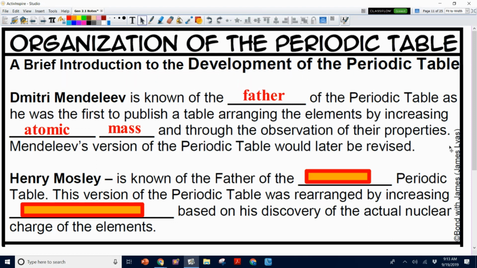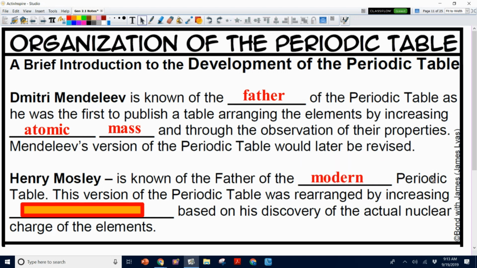Okay. And through the observation of their properties, Mendeleev's version of the periodic table would later be revised. And it's revised by a British gentleman named Henry Moseley. So Henry Moseley is known as the father of the modern periodic table.